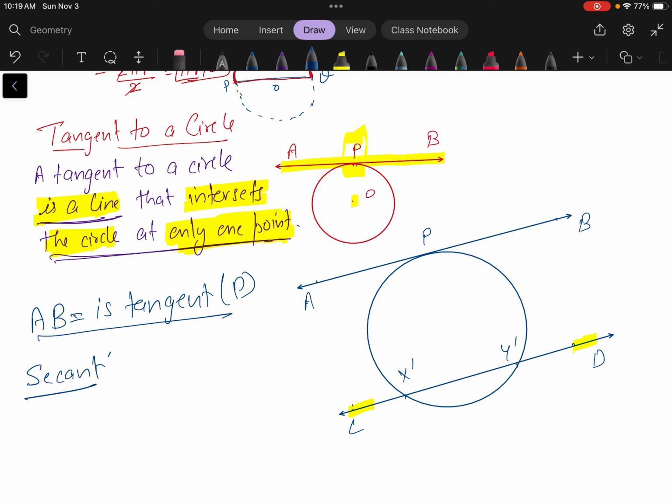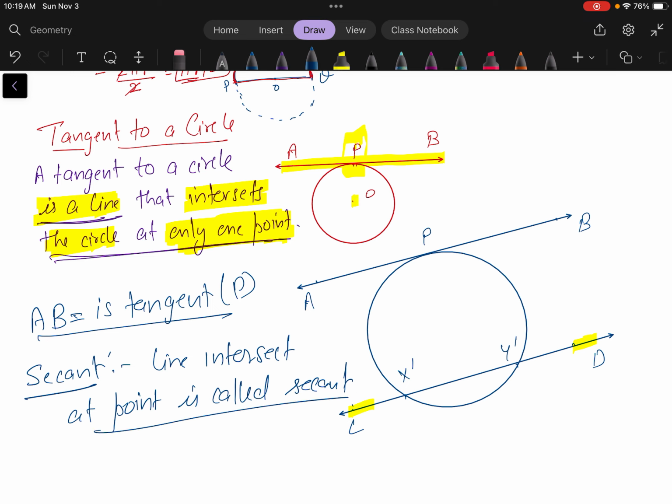So that line intersecting the circle at 2 points is called a secant. Clear? Any doubt till this point?